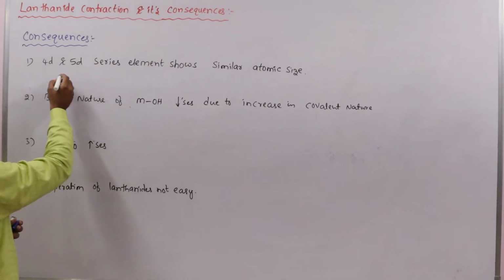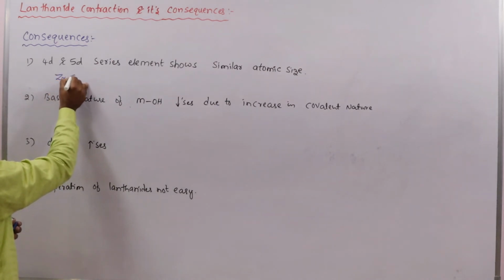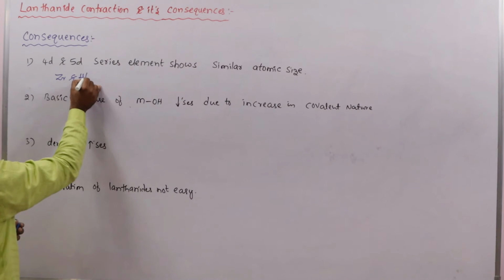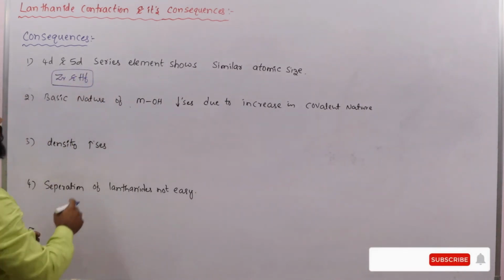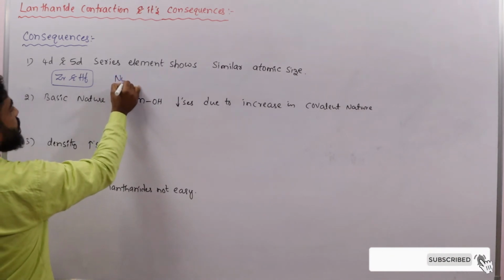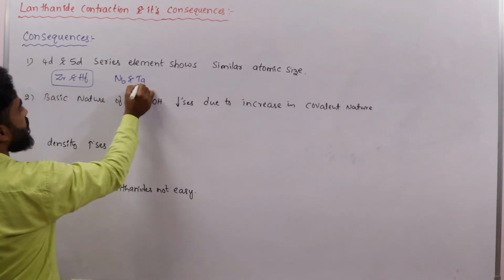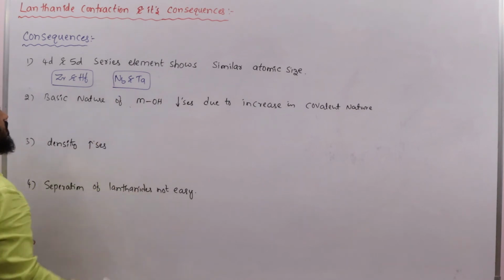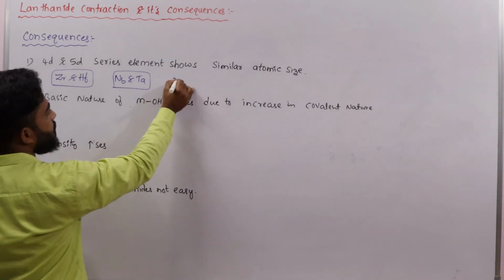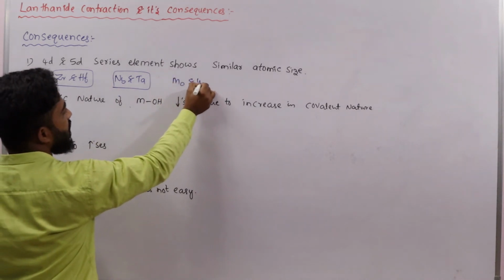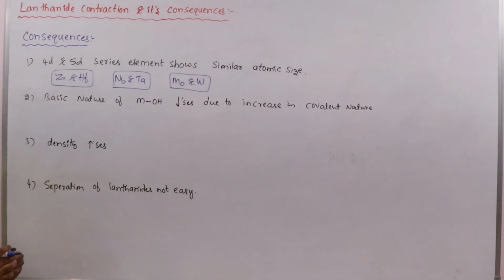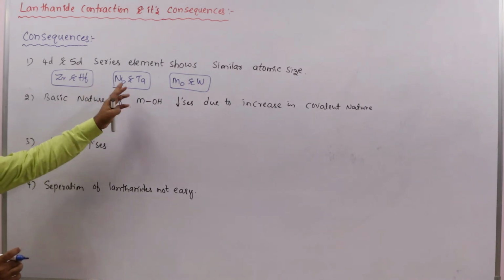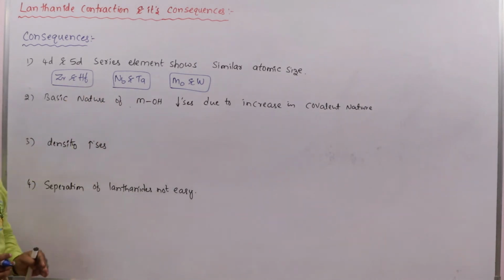For example, zirconium and osmium show nearly similar size. Next, niobium and tantalum show nearly similar size. Molybdenum and tungsten also show nearly similar size, because they show similar size due to the lanthanide contraction only.